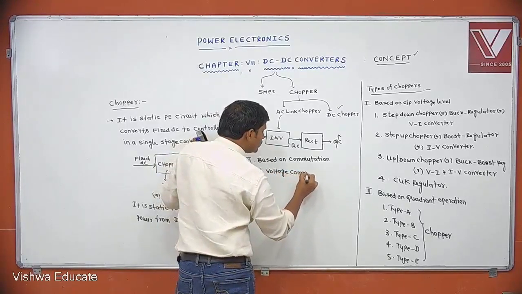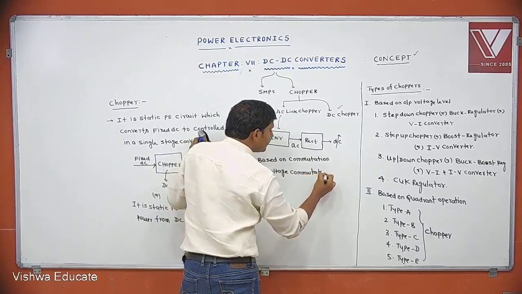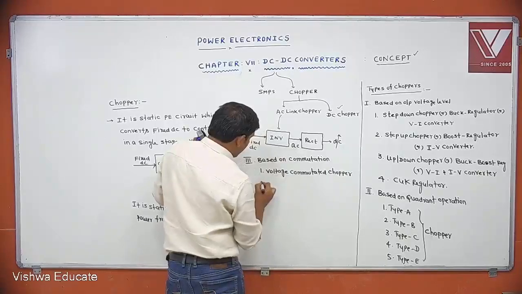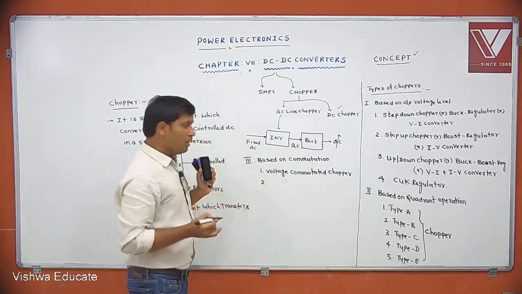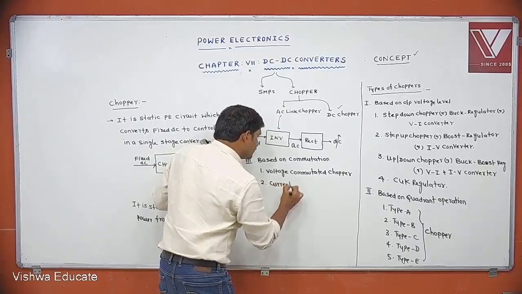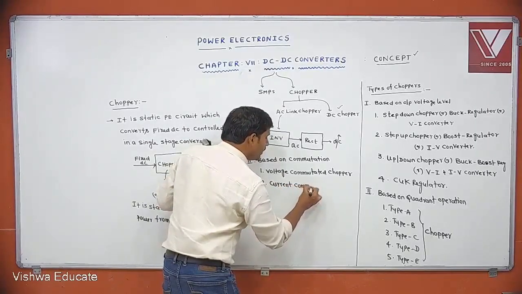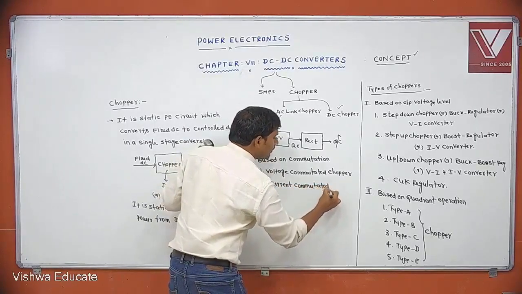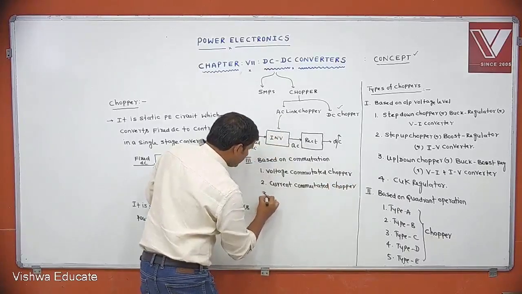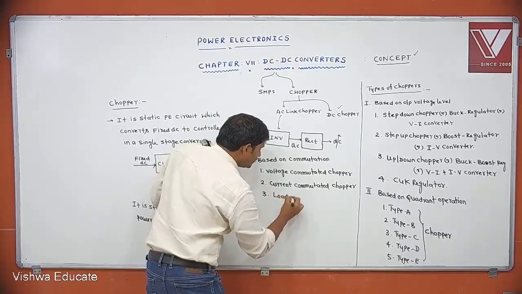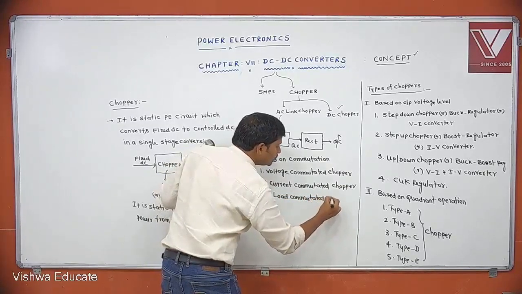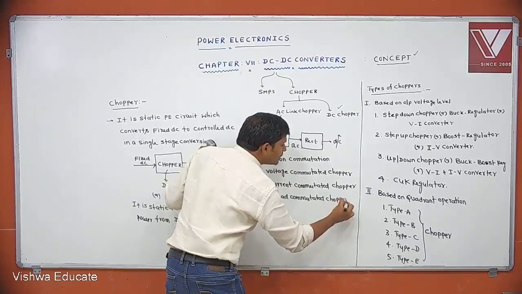Another one is current commutated chopper. Then load commutated chopper. Actually, these are the thyristor choppers.